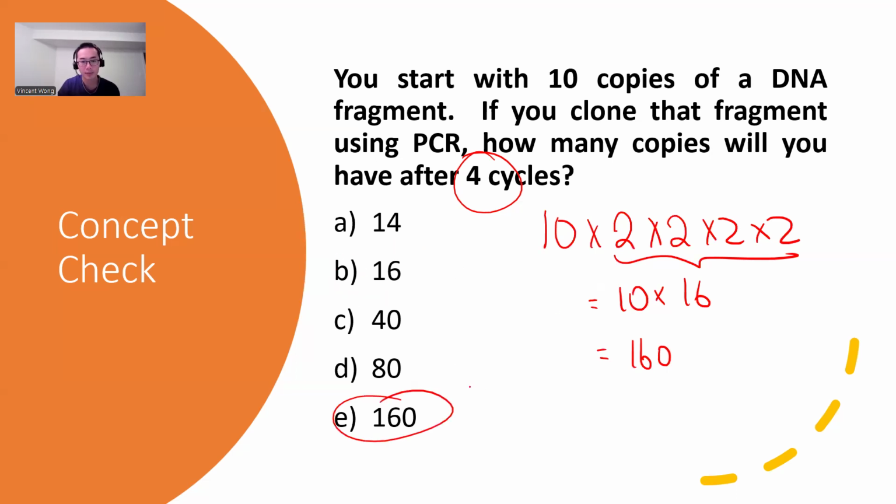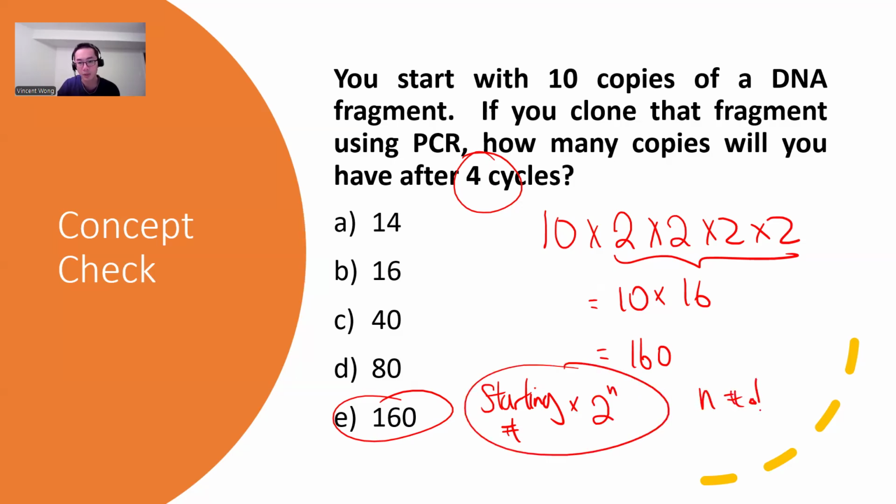So basically it's starting number multiplied by 2 to the n, where n is the number of cycles. 160 might sound like a lot, but we need millions of copies in order to feed them to the bacteria.